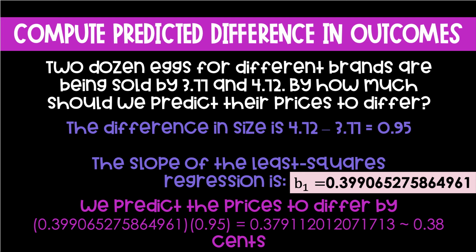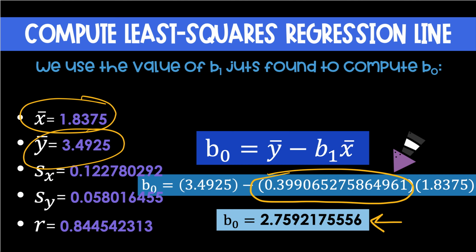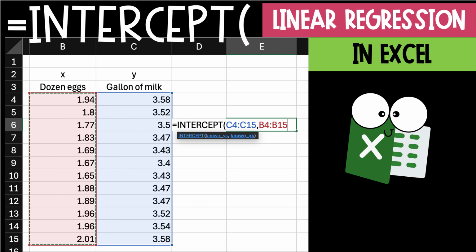Now going back, if you want to use Excel to calculate your b sub 1 and your b sub 0 for your least squares regression line, you can. The commands will be slope and intercept. That's how you can find both.